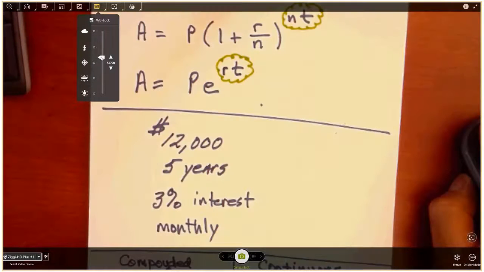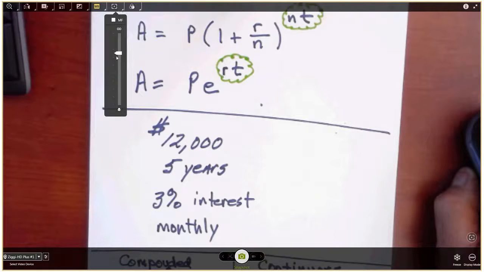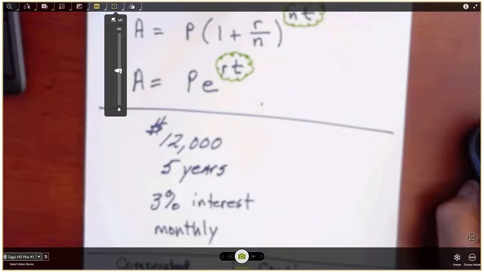That's the light. Ooh, turned everything orange. Yeah, that's what I was saying the other day.